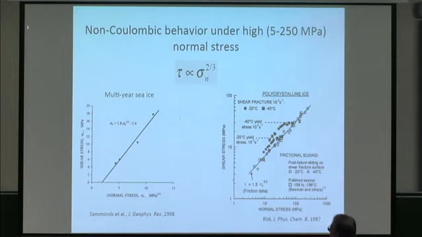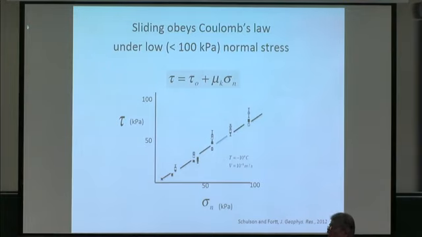And these loads are high enough, certainly, to begin to initiate compressive failure. One wonders whether there's a lot of compressive failure going on to lead to this nonlinear behavior. I don't know, but it is different. So I will talk about the Coulomb's law type behavior in what I describe to follow, the behavior seen under the lower normal stresses.